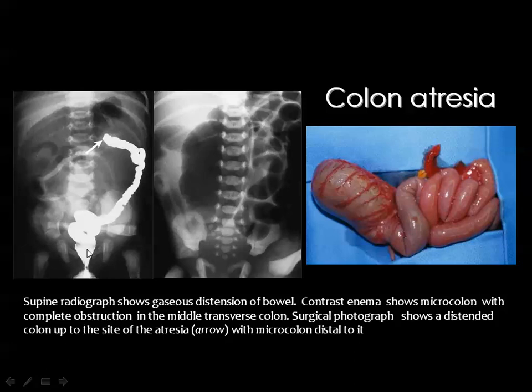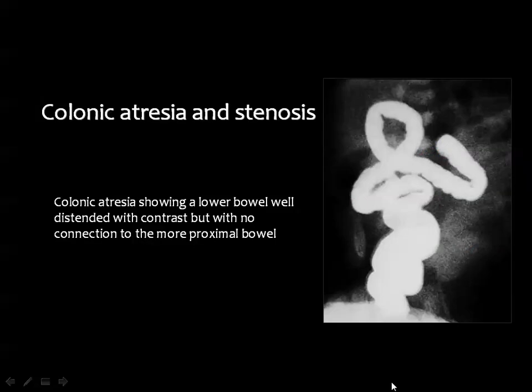You inject barium and you get complete obstruction to the flow of barium at the transverse colon, meaning that the proximal part of the colon is atretic, and the distal part is collapsed and unused. And this is also colonic atresia, and you see the proximal part of the colon up to the sigmoid region can be seen by barium. The rest of the colon is atretic, and you see here the site of obstruction.